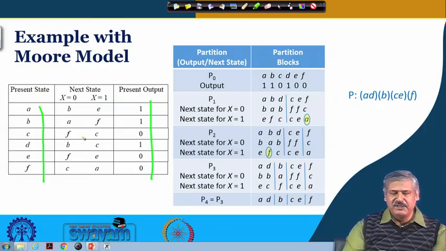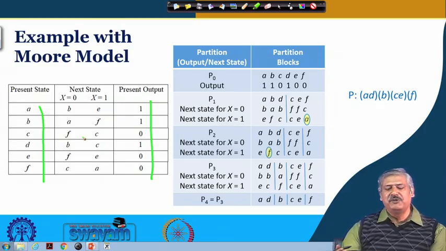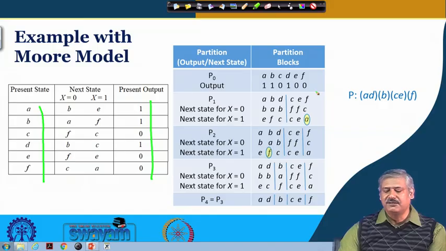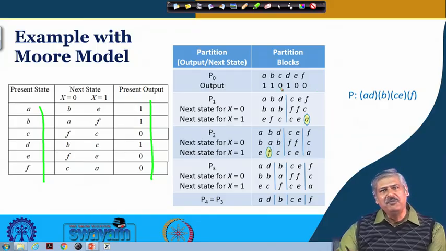So since this is the difference, the first step will of course be differentiation using output. Now the difference from the Mealy model is that earlier there were two such rows, an x is equal to 0 row and an x is equal to 1 row for two sets of output, which is not the case here. Only one row will be there. From that we shall make a distinction whether one group or the other group have a different set of outputs or not.